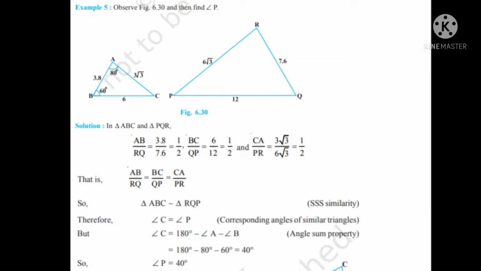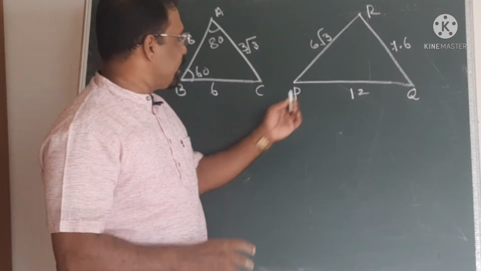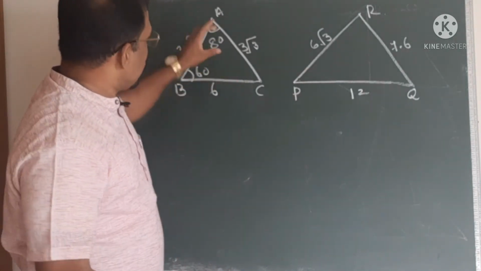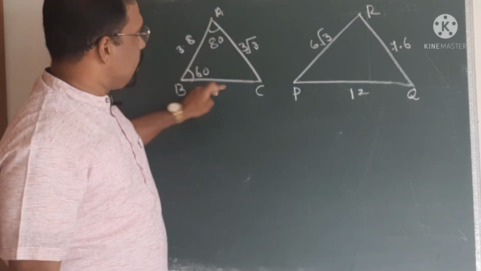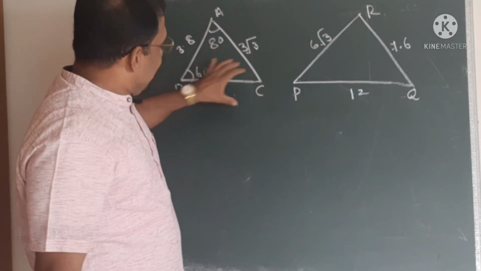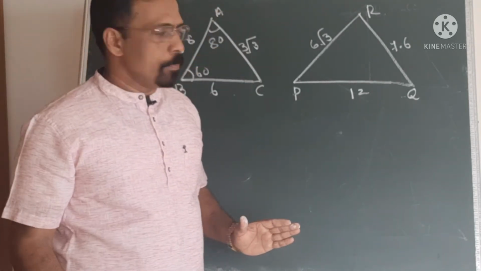Let us do example number 5. Observe the figure and find angle P. In this case, we have to find the value of this angle P. Now you can see these two triangles ABC and PQR. Dimensions are given to us.